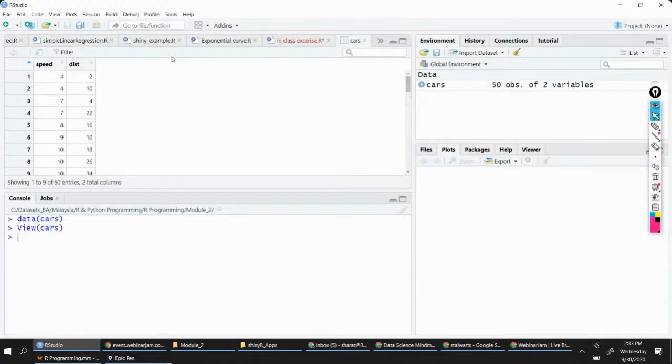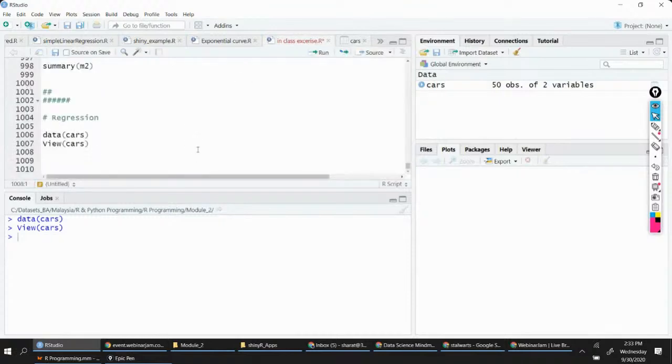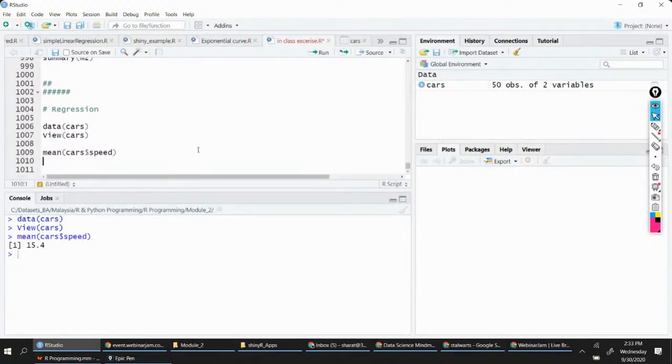So let's try and do that. Now I would check what is the mean here. Mean of cars dollar speed. Mean is so much. Mean of cars dollar distance.